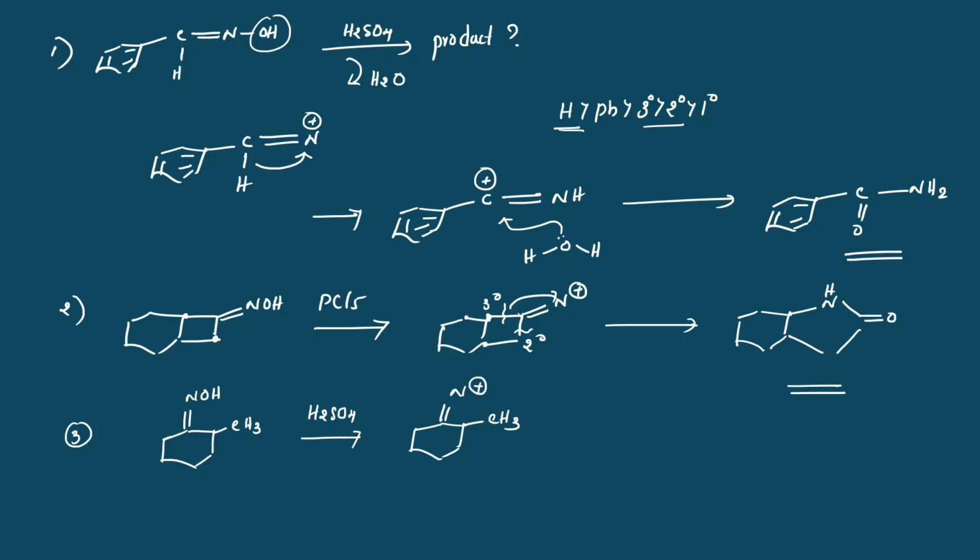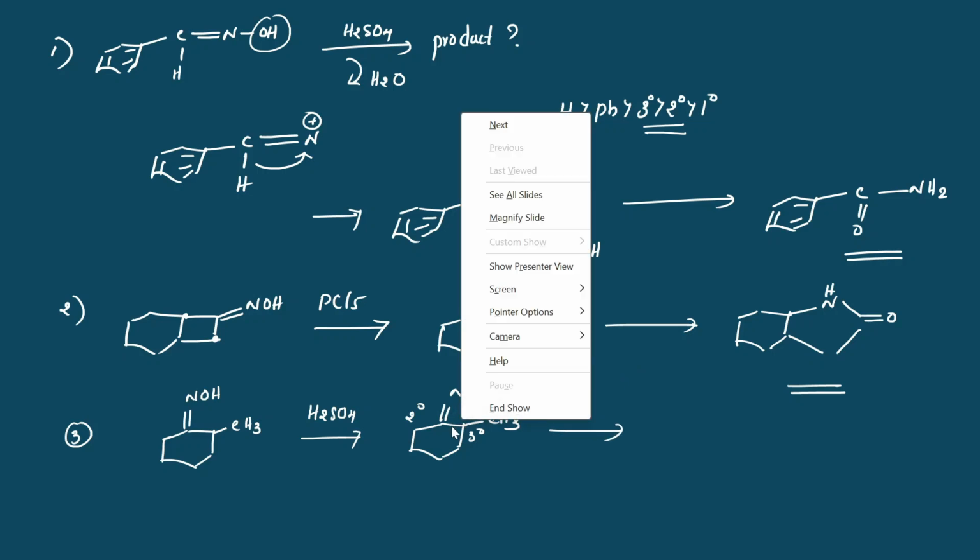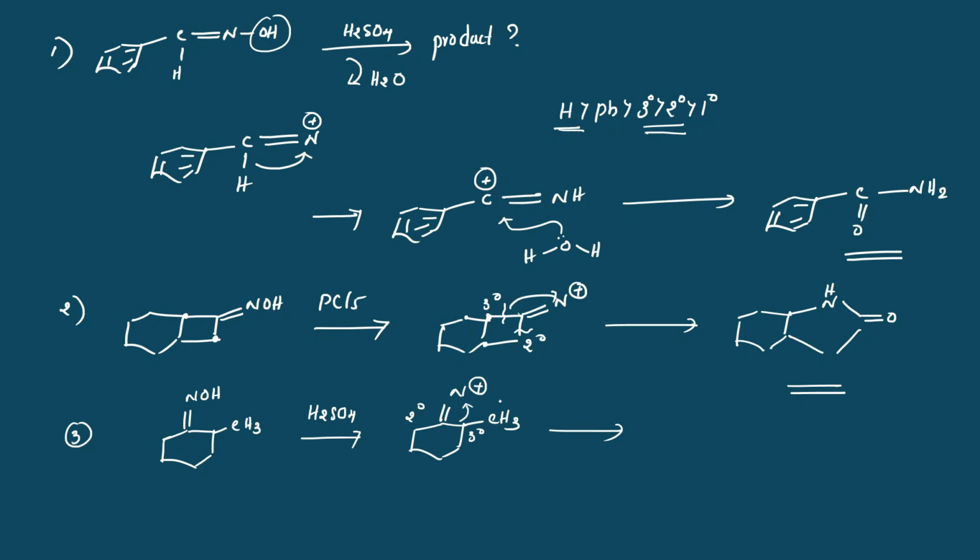Now you see here, this carbon is the secondary carbon, and you have this as the tertiary carbon. So again, tertiary is greater than secondary. So this carbon will migrate. So what you will get: you will get the final product with NH here, and you have the CH3 here, and you have the carbonyl here. So this will be the final product.